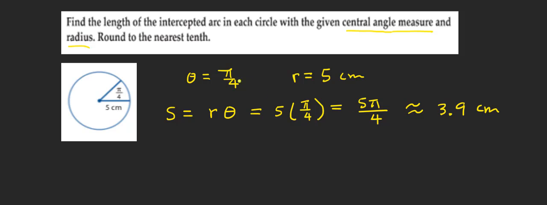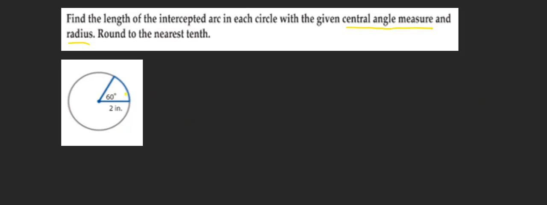Again, the reason why we need radians is so that we can measure the distance. Otherwise, we will not have a centimeter. And let's take a look at this example. The central angle is 60 degrees. But we have a problem with that because the angle has to be in radians. So we have to change 60 degrees to radians, which is pi over 3.